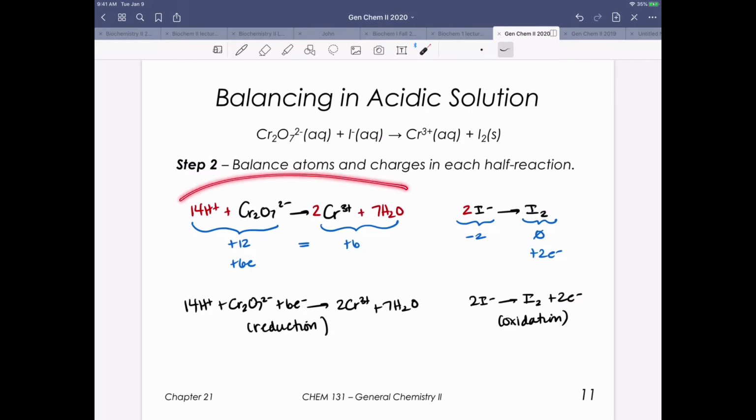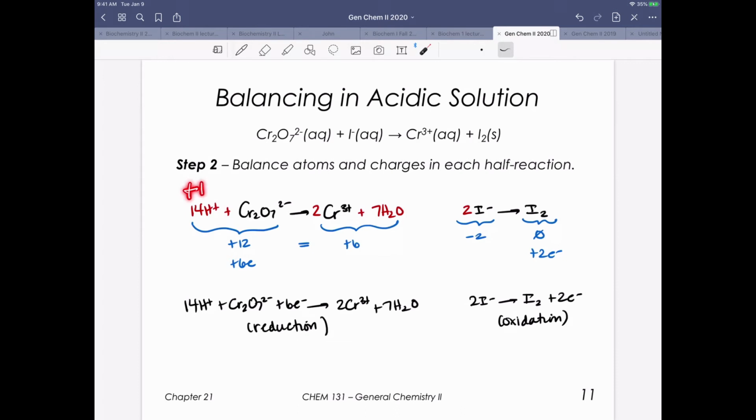Let's go over to this guy on the left here where we have a lot more to consider. All right, looking at my right side, water contributes no charge, and I've got 2 metal cations that have a +3 charge. So the net charge on the right side is +6. If we look over on the left here, I've got one thing that's -2 charge, and I've got 14 things that are +1 charge.